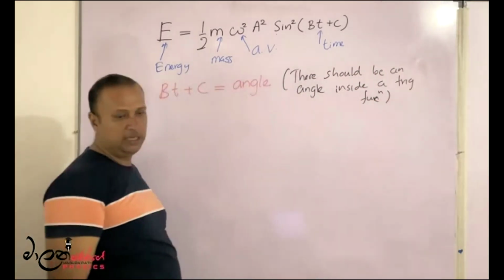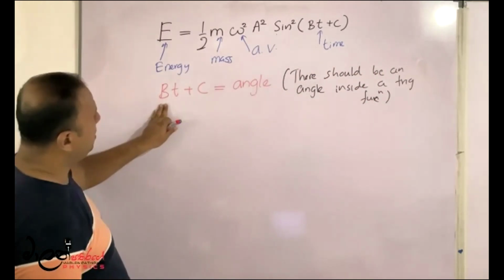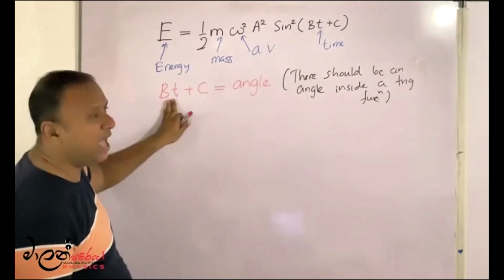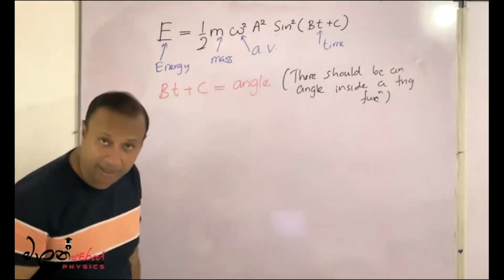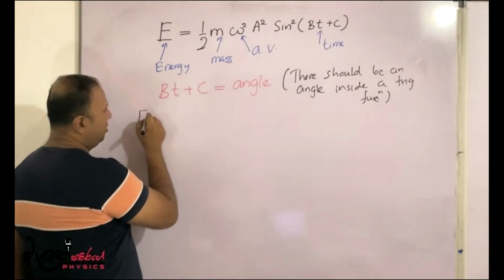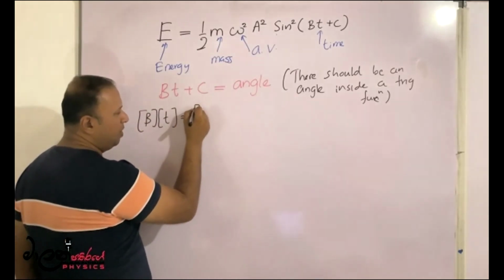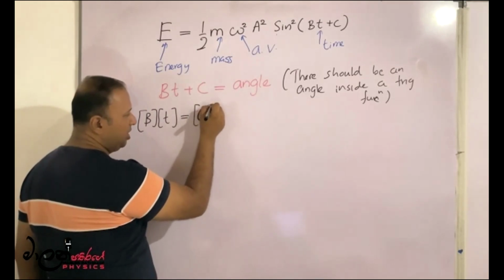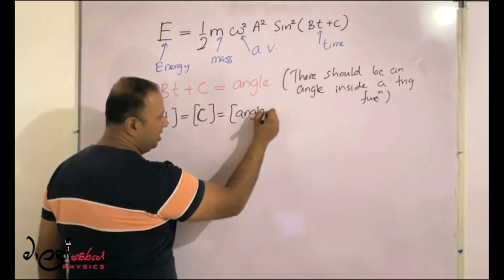BT should be an angle and C should be an angle, because all the terms in an equation should have the same dimension. Therefore, the dimension of BT should be equal to the dimension of C, and equal to the dimension of an angle.